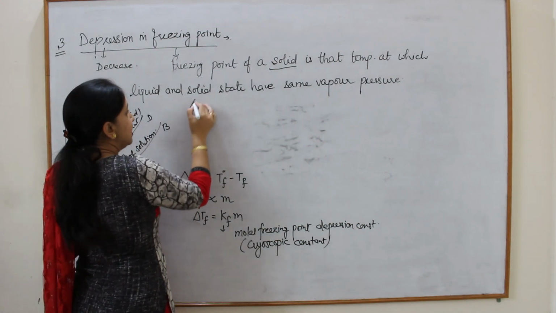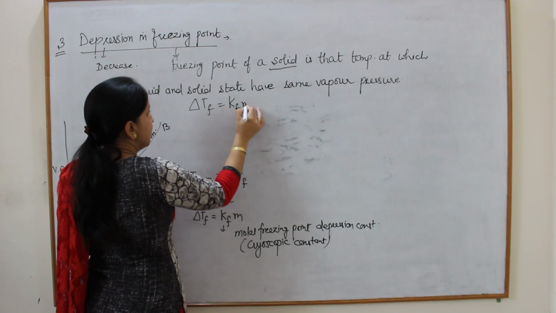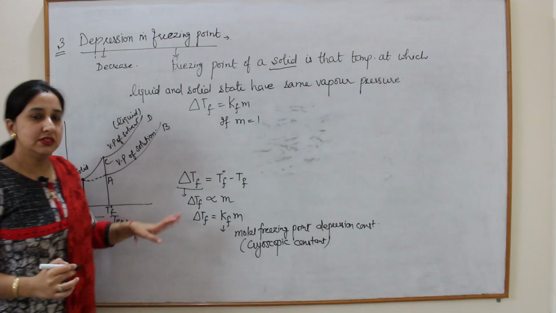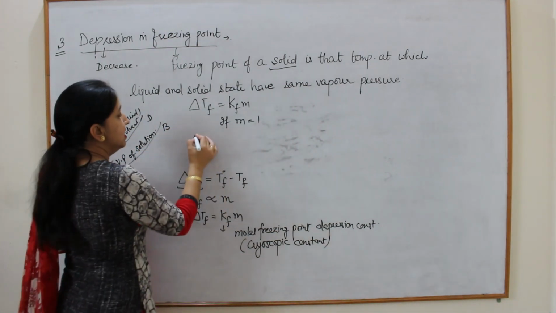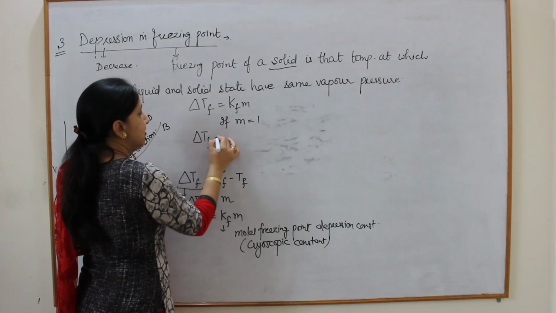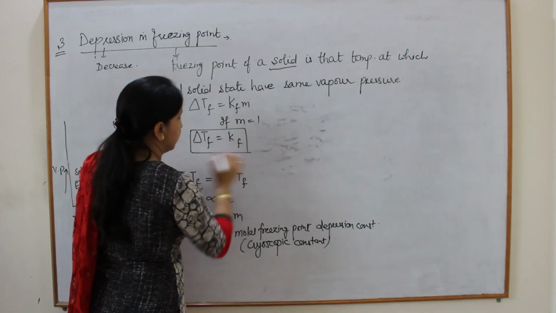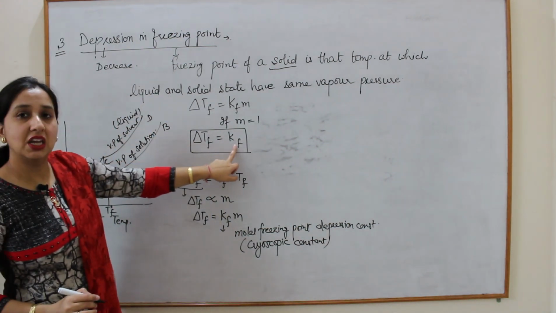So delta TF is equal to KF into m, and if m is equal to 1, meaning your solution is 1 molar, then delta TF will be equal to KF. So from this equation we can define KF.